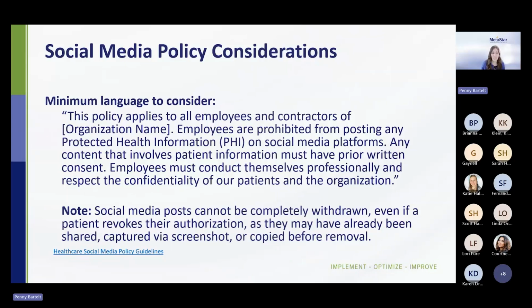Once they're out there, it's out there. So then you have the problem if the patient revokes their authorization, you can't bring it back. That post could have been shared, captured via screenshot, or copied before removal. So it's really something to be careful of when it comes to how you handle social media.